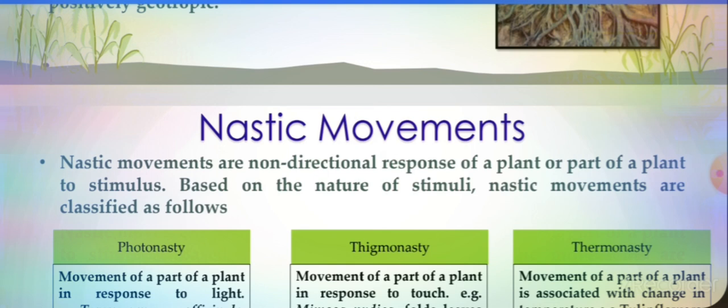See, nastic movements, we call that as திசை சாரா அசைவுகள். ஒரு திசையை நோக்கி வளருவது அல்ல.